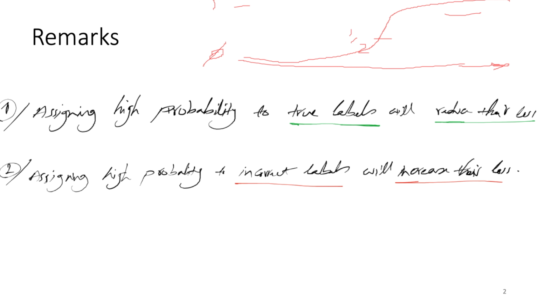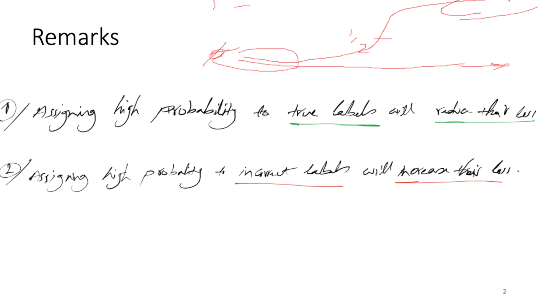So we're talking about these two extreme sides now for the function. On the other hand, if you assign high probabilities to incorrect labels, so you were sure that something would happen, but it didn't happen when you check your data set, and you were wrong, then if you compute the loss function, you're going to have an increased loss.